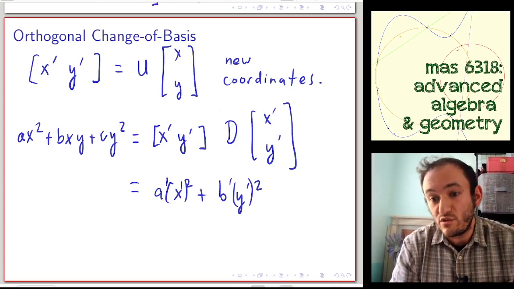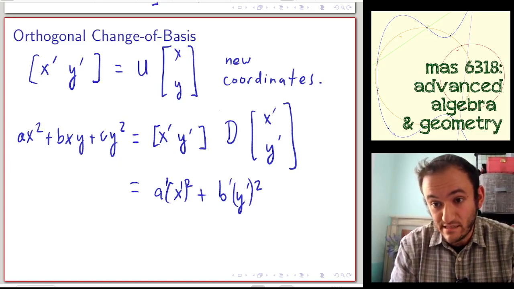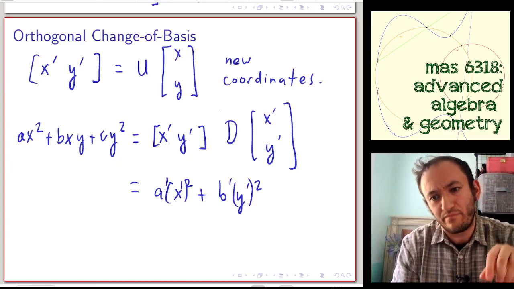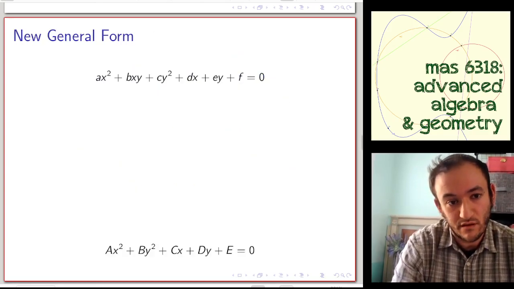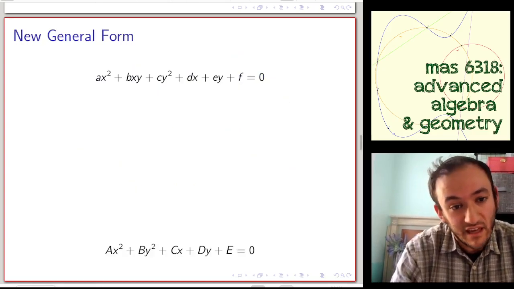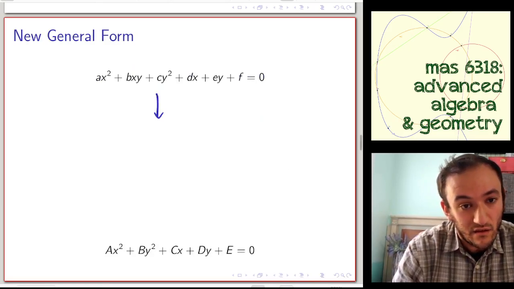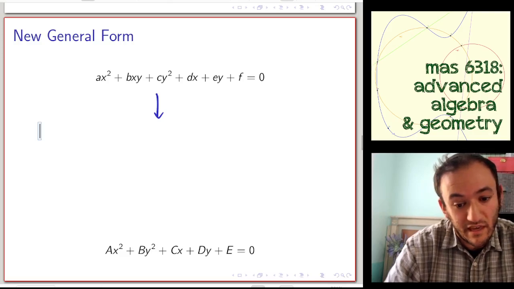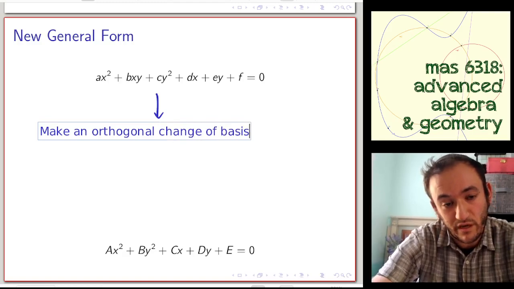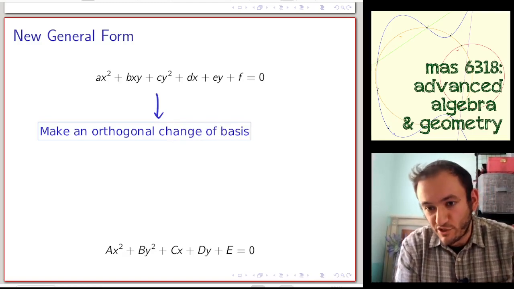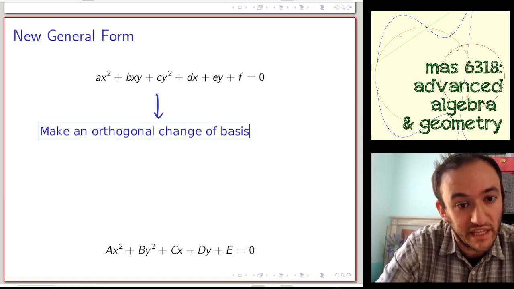So this is a way to use an orthogonal change of basis, basically rotating your axes, to get rid of an annoying cross term, this bxy. You can refresh your linear algebra remembering how to do those orthogonal changes of basis in the plane.